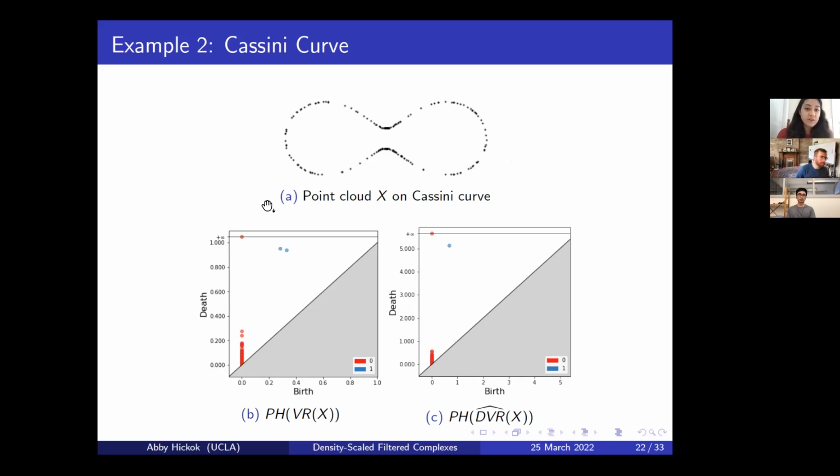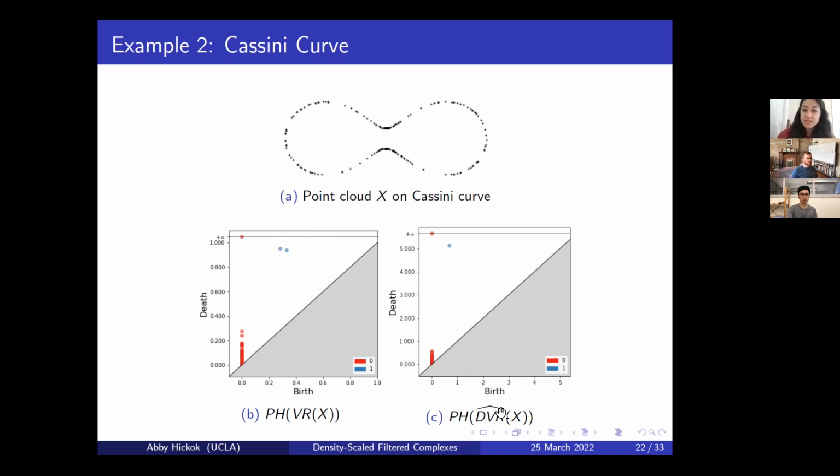And so if we were to take the Rips complex and compute its persistence diagram, it more or less sees a figure 8 shape. It sees these two 1D homology classes, one corresponding to each of these almost poles here. If I didn't know what this space actually looked like, I might think this is just two disjoint circles or something like that.